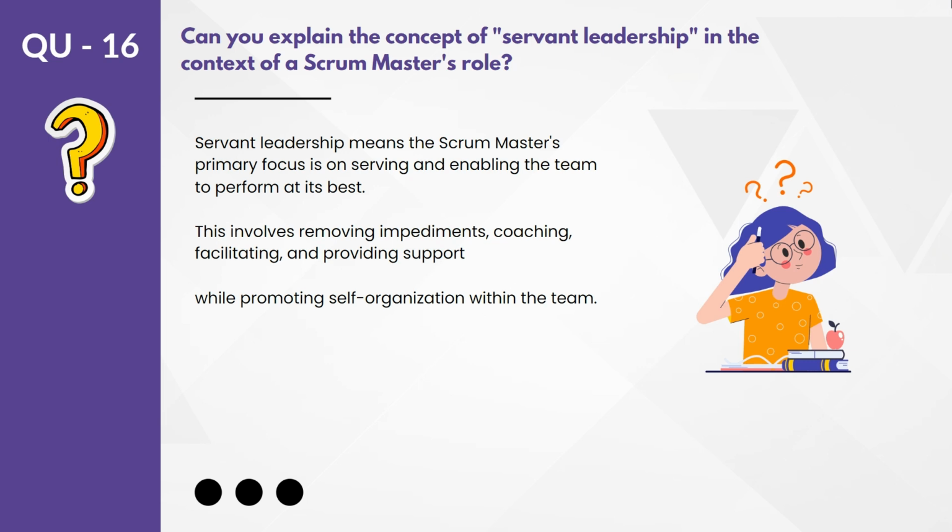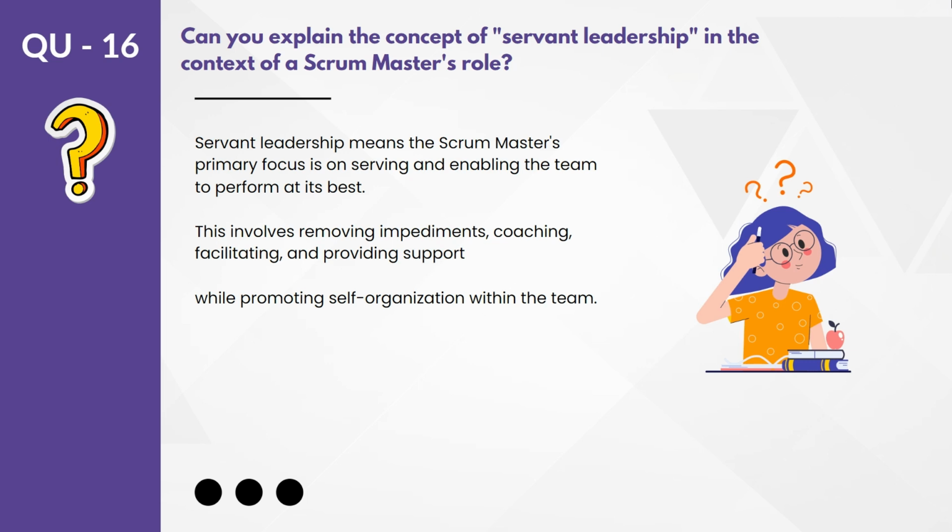It means he is motivating the team to do their best, because ultimately the work has to be done by the team, but he is enabling them wherever they are getting stuck, wherever they need help.